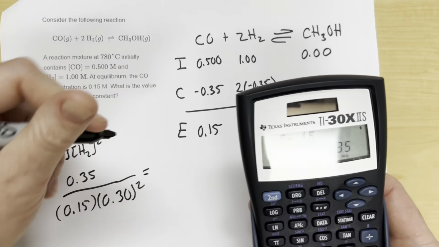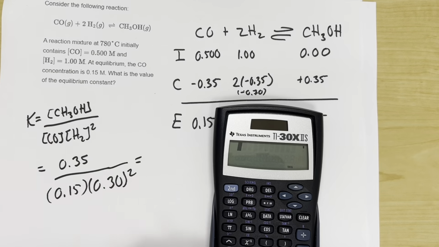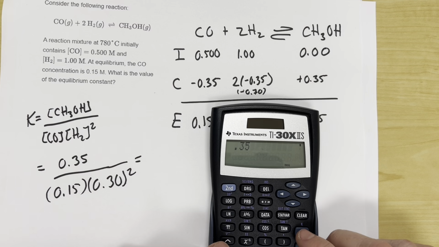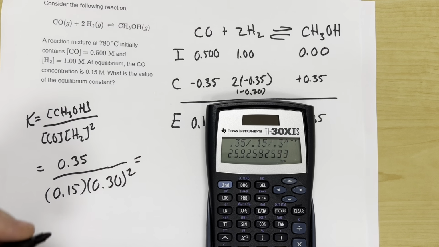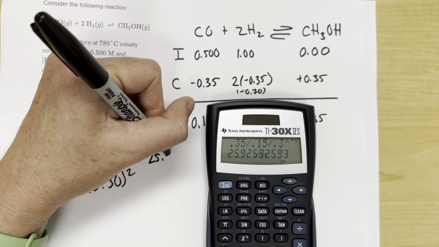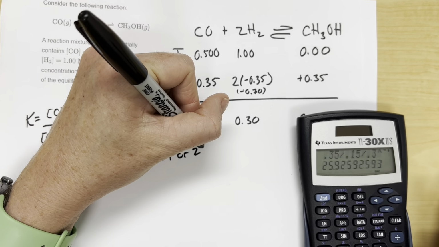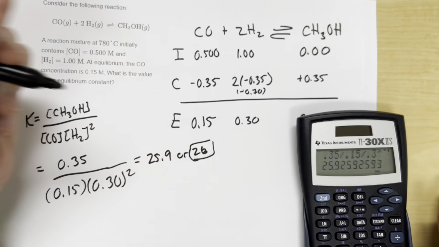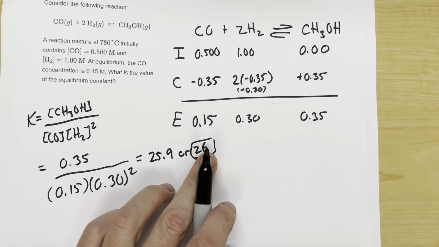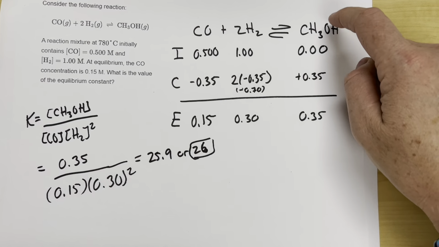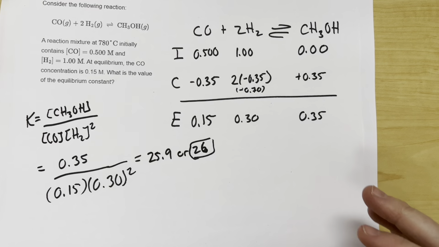And let's set that up. 0.35 divided by 0.15, and then divided by 0.3 squared. And that gives me an answer of 25.9, or 26.1 What does that mean? Products or reactants favored? That means that the products are favored. So the methanol is favored in this reaction. Methanol is preferred.